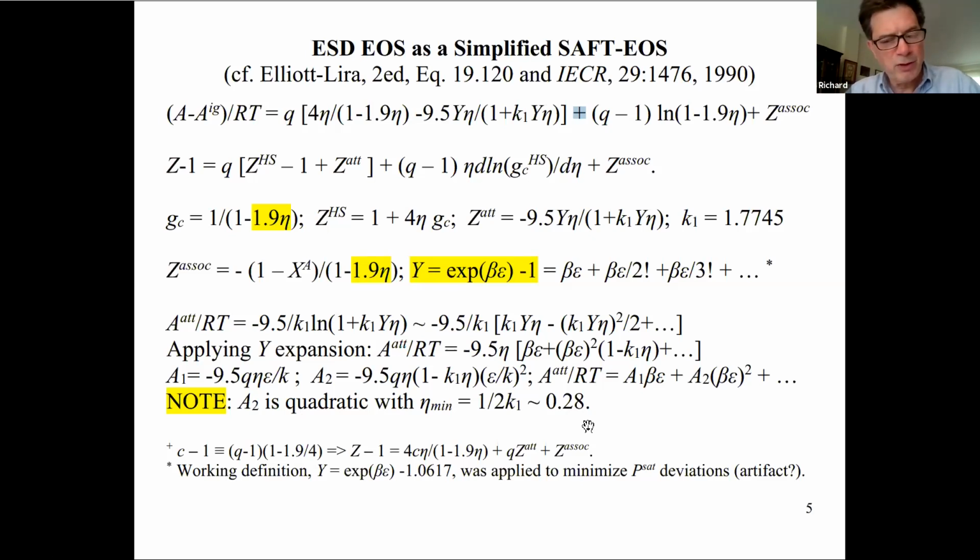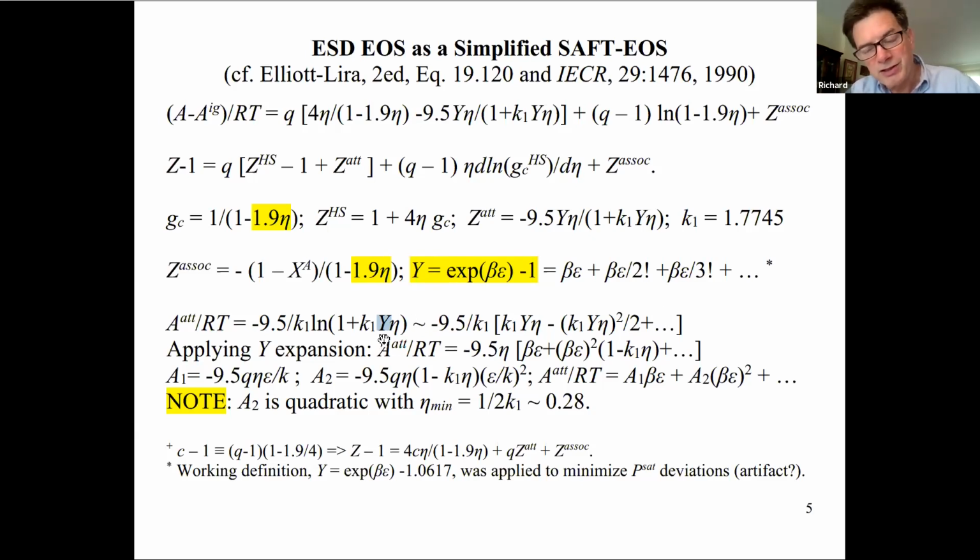So those are some of the aspects of the ESD equation. Because we put the y in the denominator here, and I did it for a different reason in 1988 when we were first talking about this, it leads to an infinite series.